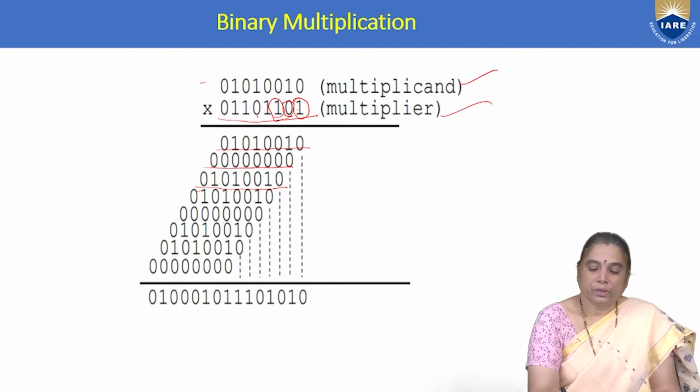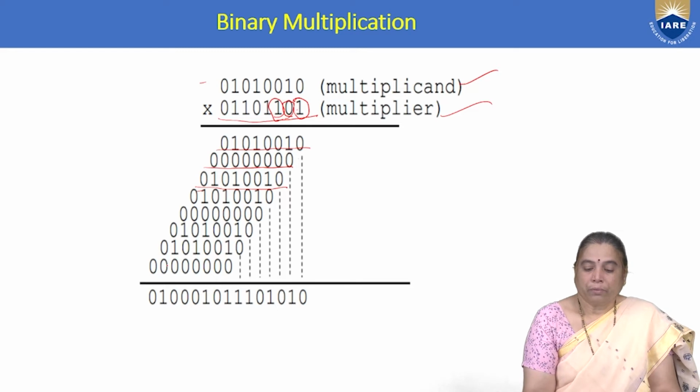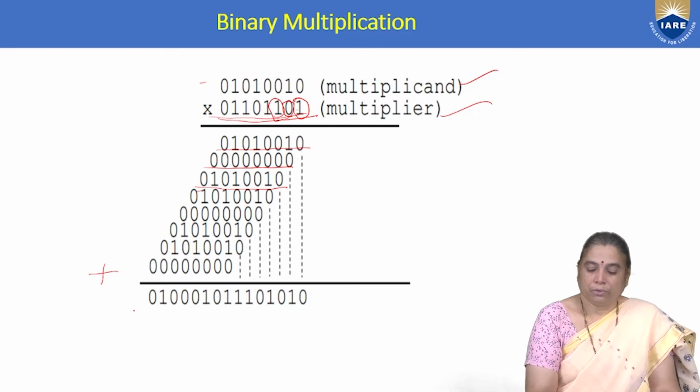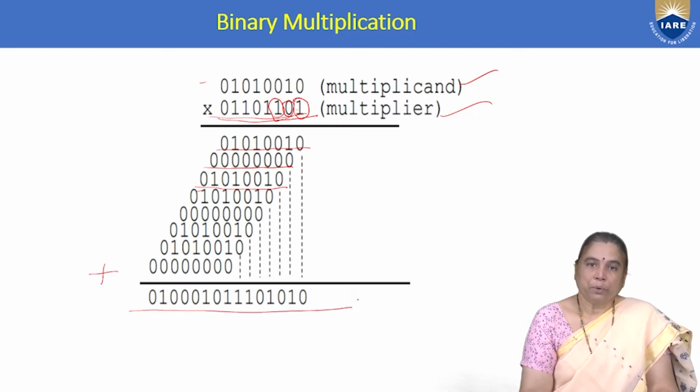Otherwise, if it is 0, as many zeros as there are bits in the multiplicand are copied, shifted by one position. After writing all partial product terms, they have to be added. This is the binary product.